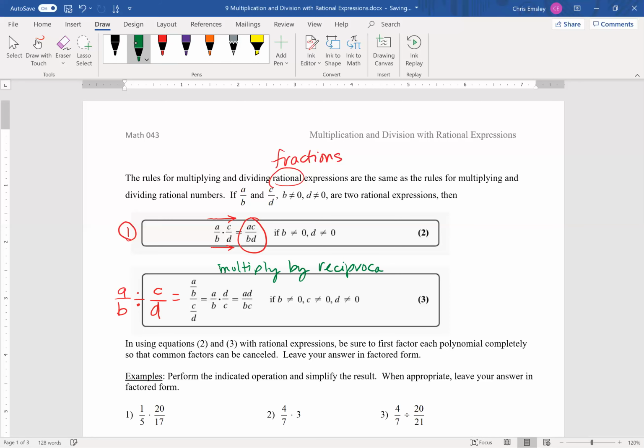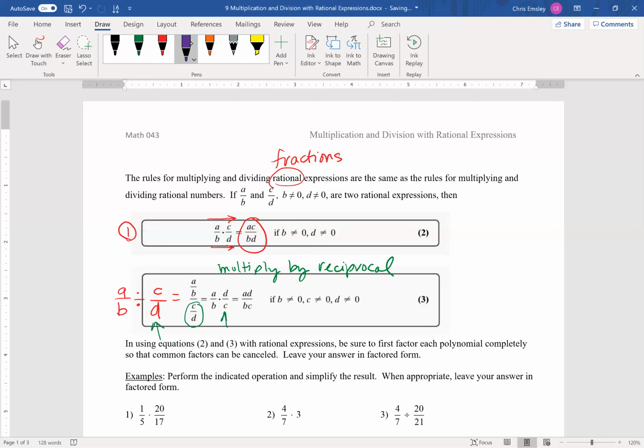Multiply, we all know how to multiply. The reciprocal means we take the second fraction, or the one on the bottom if it's written like this, and flip it upside down. That is the reciprocal, and we multiply those two new fractions together.